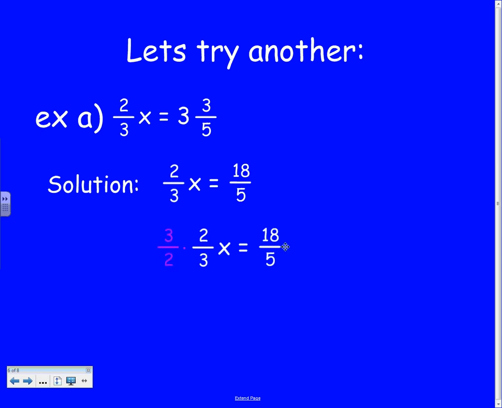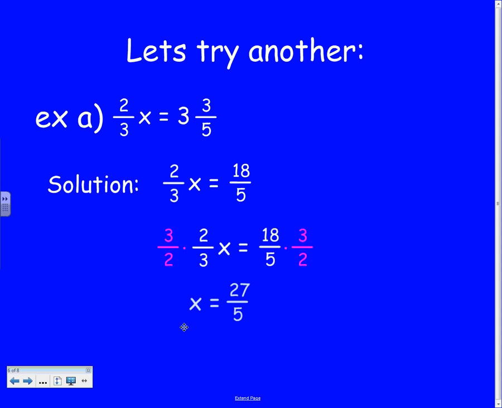By my multiplicative inverse. If I do something on this side, is it still equal to the other side? Not at all, until I multiply the other side by the same thing. Then I'm keeping it balanced. Whatever I did on this side, I did on that side. It keeps it equal.